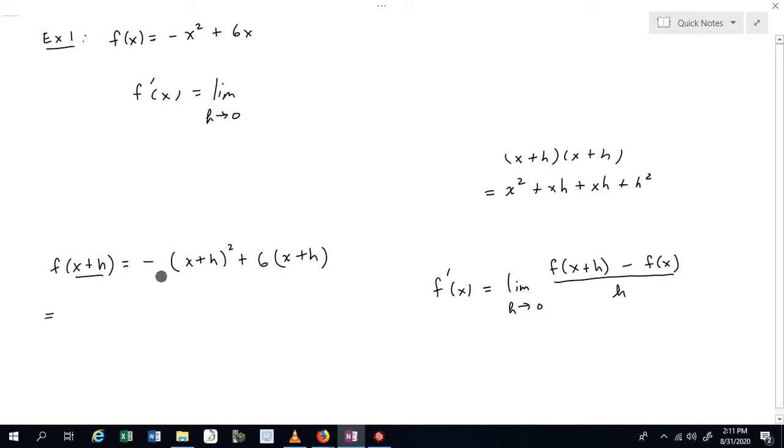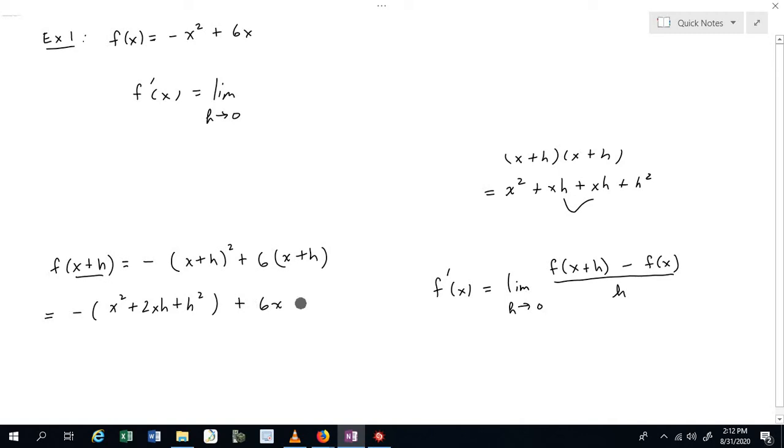Okay, so going back to this, you have a minus sign in front of that. And then we can go ahead and write this as 2xh's. Okay, so this is what we get when we FOIL this out. But again, there's a minus sign in front of this, so I have to put parentheses around this because I'm subtracting this entire thing. Okay, and then here I'm just going to distribute the 6.